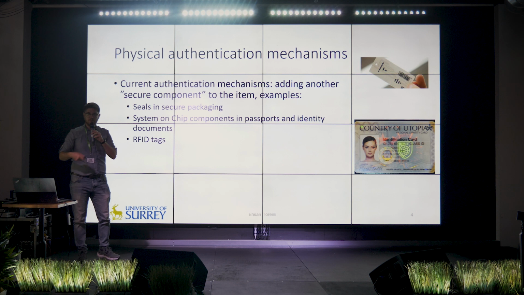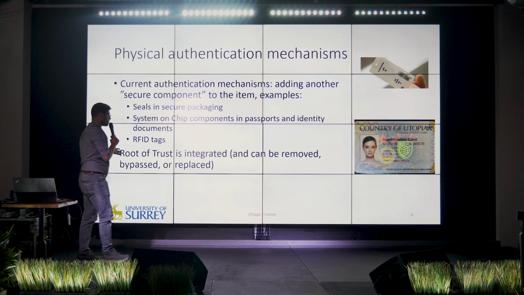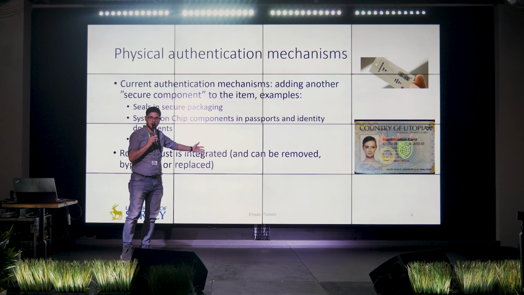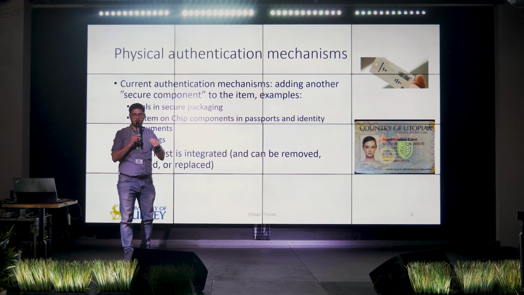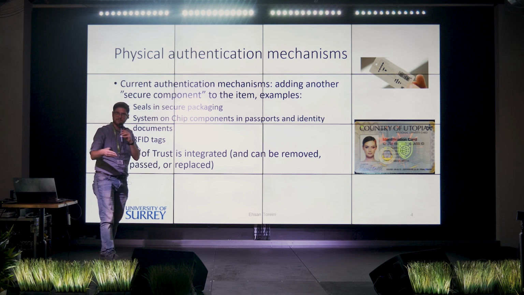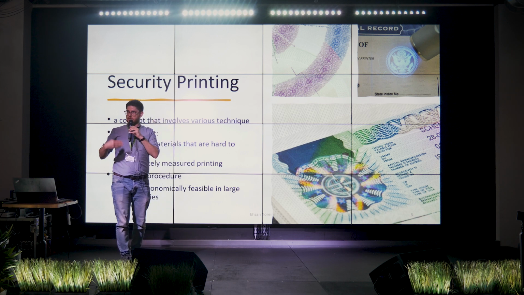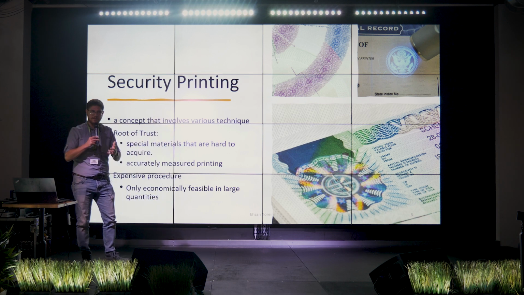If I want to formulate this, you put the root of trust as an integrated component, and that integrated component could be bypassed, cloned, replaced, or tampered with. So let me give you a little bit of a concrete example.